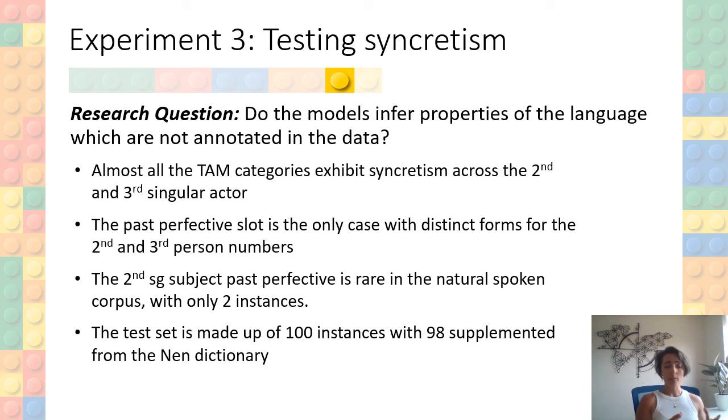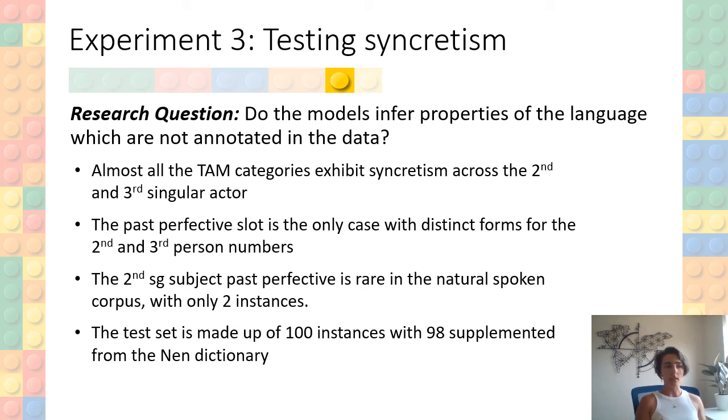So for our experiment, what we did was basically remove the instances of the second singular past perfective in the corpus, which was only 2 instances, and made a test set of 100 instances, and therefore had to supplement the 98 from the NEN dictionary to test what the model would produce on this unseen form.